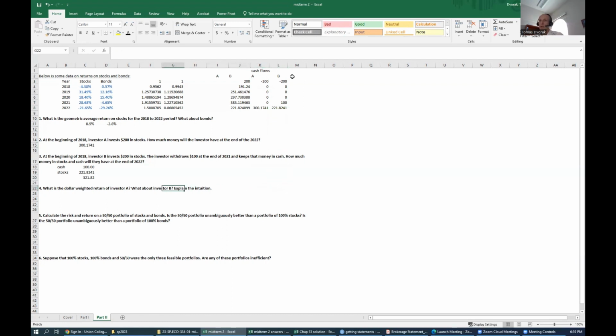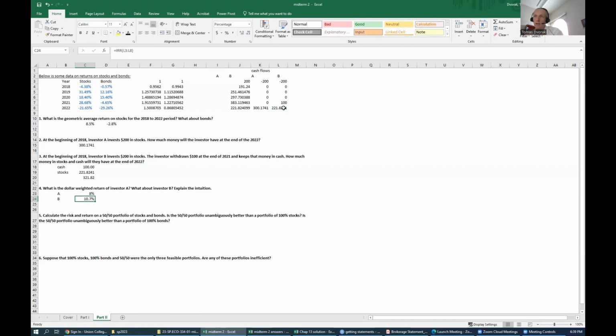So what is the dollar weighted return? We just need to calculate the IRR on these. This is for investor A. For investor B, it's going to be IRR on this cash flow.